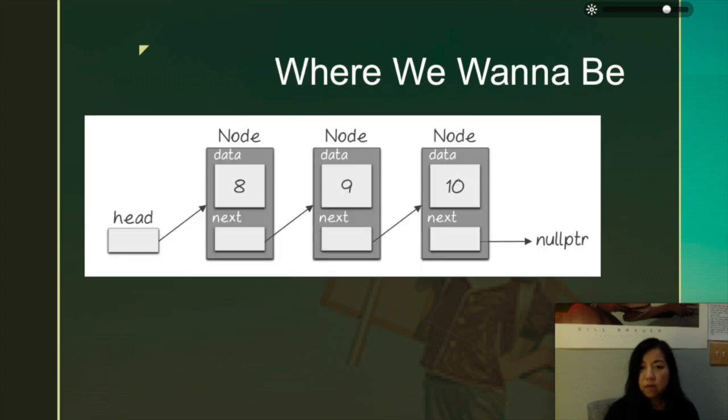Then the subsequent ones that we insert from the head, so we are inserting 10, and then 9, and then 8, work by having the next pointer point to the node, or the list, that was created before.